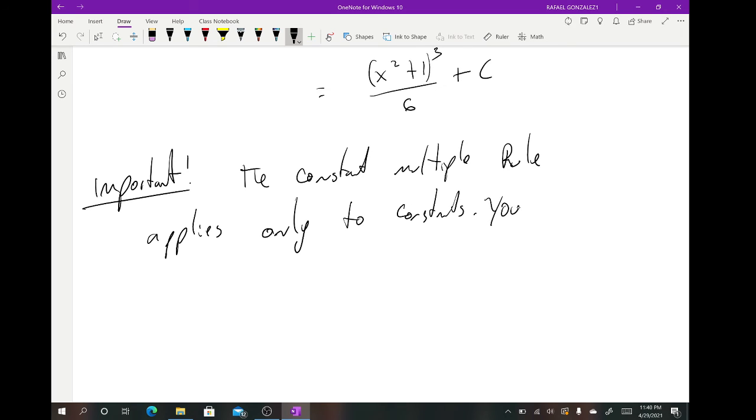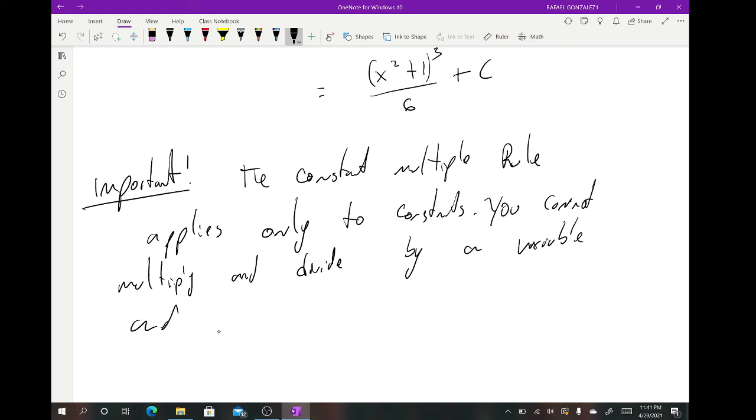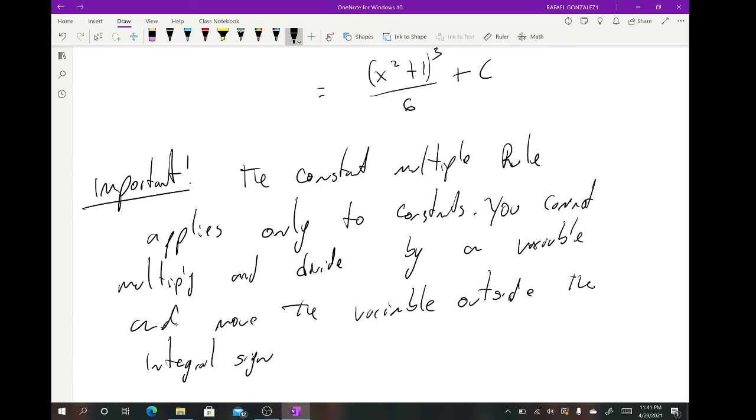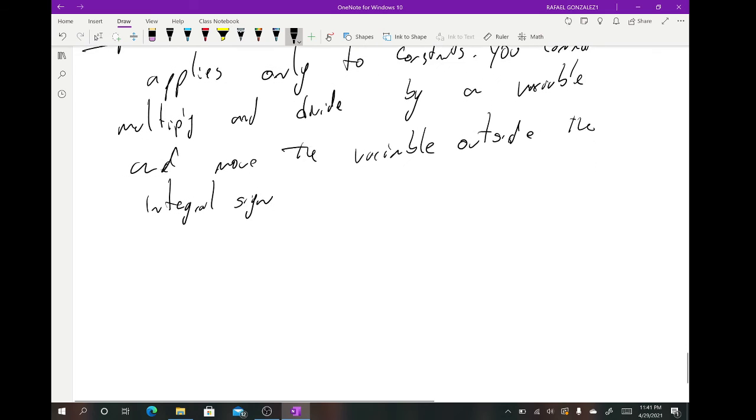You cannot multiply and divide by a variable and move the variable outside the integral sign. A lot of students get this wrong on problems. Just can't do that. For example, you can't do this.